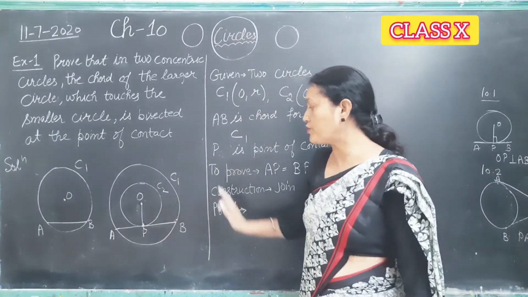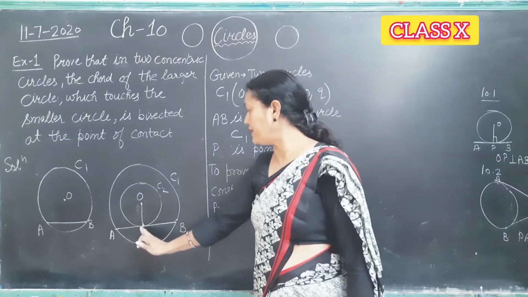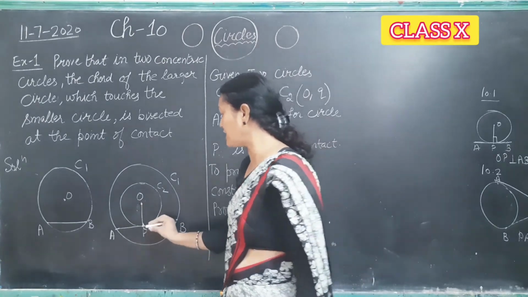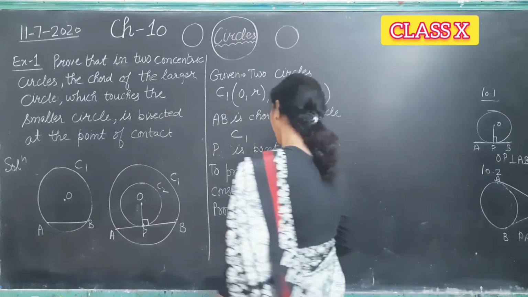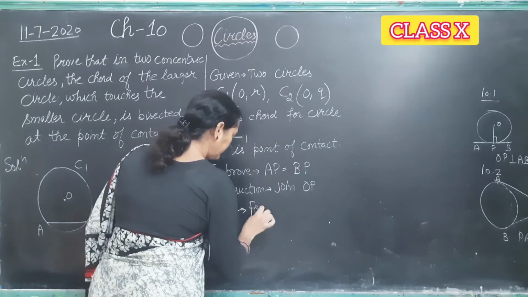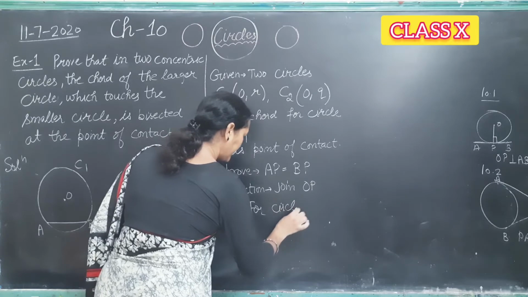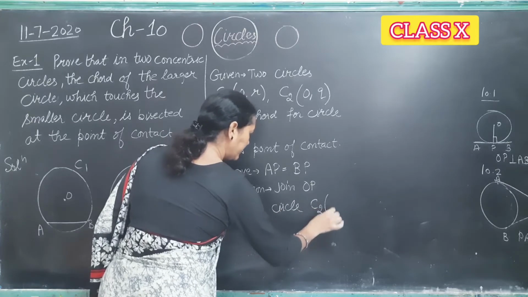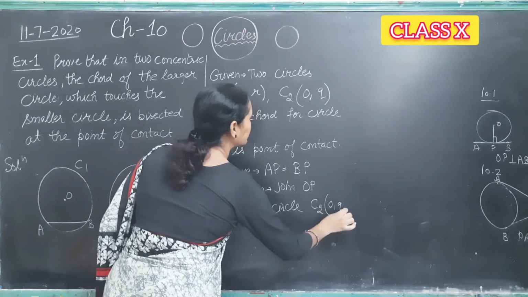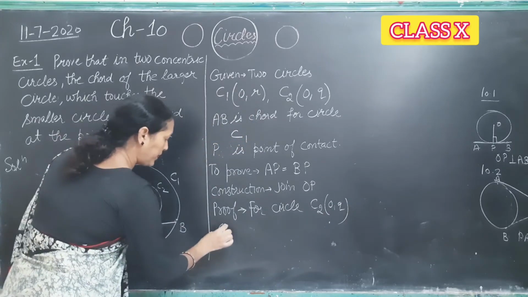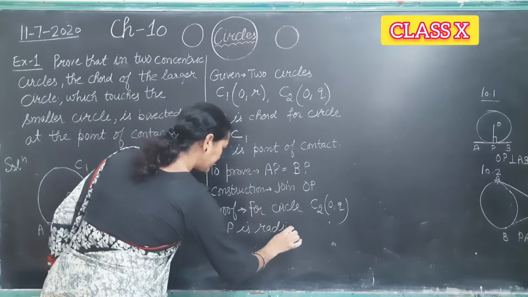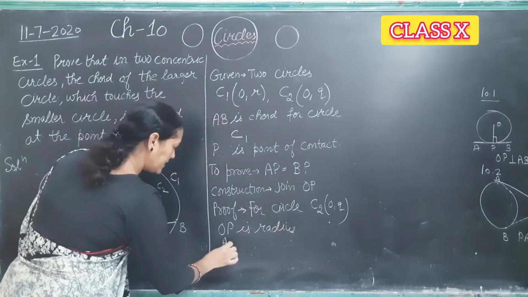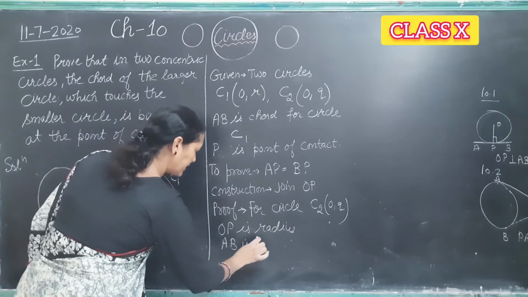And according to theorem 10.1, wherever this radius and tangent meet, it will be 90 degrees. So if we write for circle C2, OP is radius and AB is tangent.